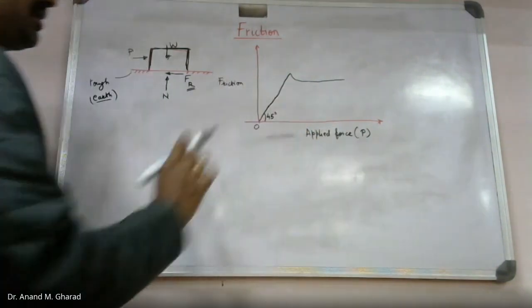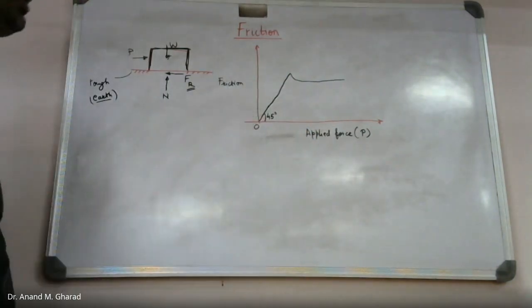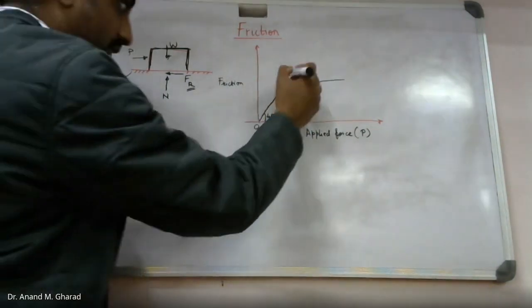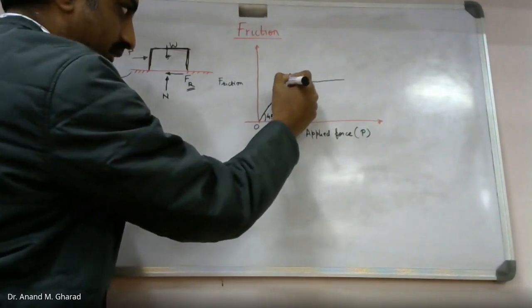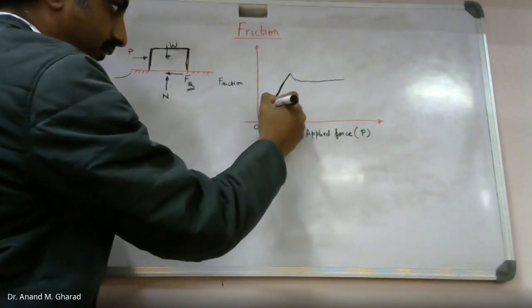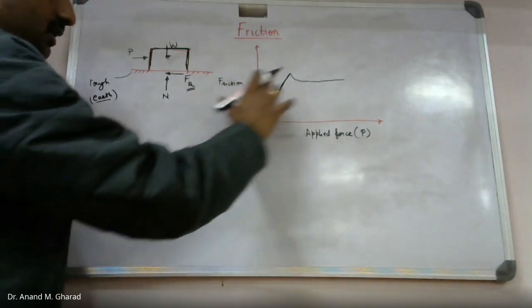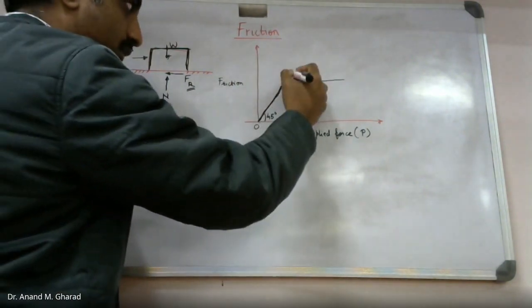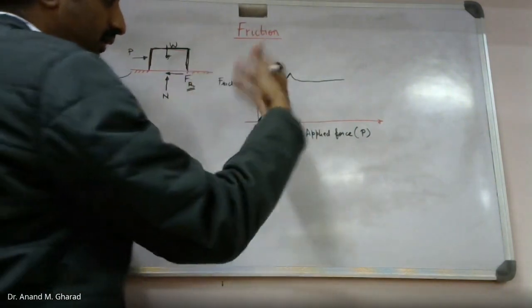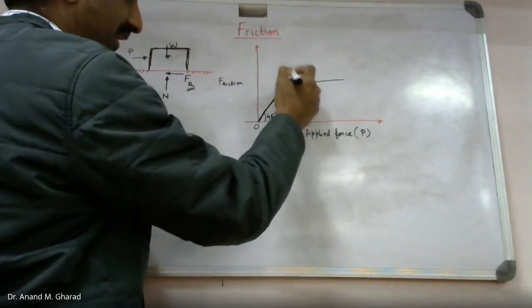What we are supposed to take from this figure is the linear variation we have observed between the applied force and the frictional resistance, up to this point where the frictional resistance is maximum.